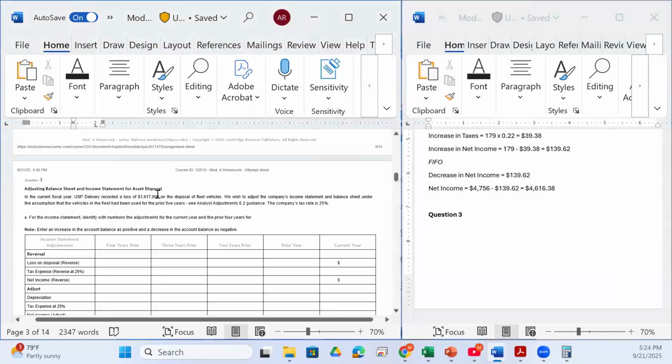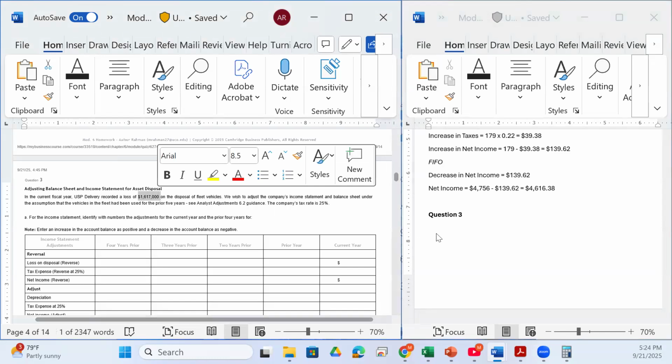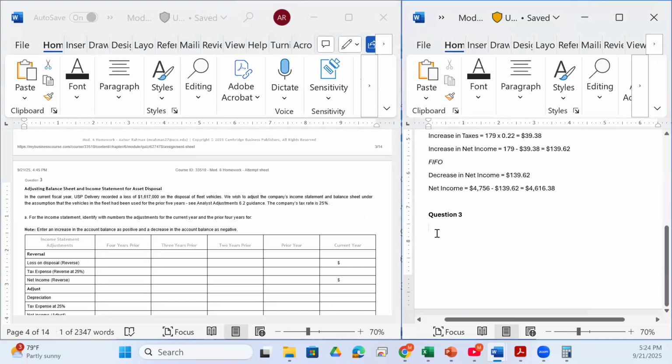So this is the loss, right? A loss happens when the book value is greater than the market value of the asset. Market value meaning selling price. So the company doesn't need this vehicle anymore.